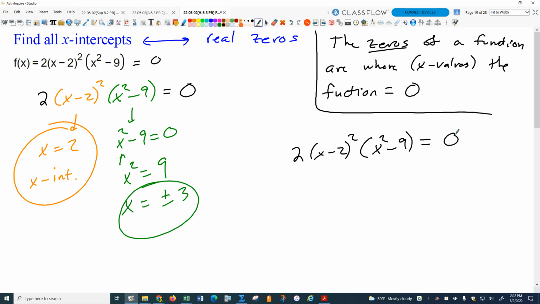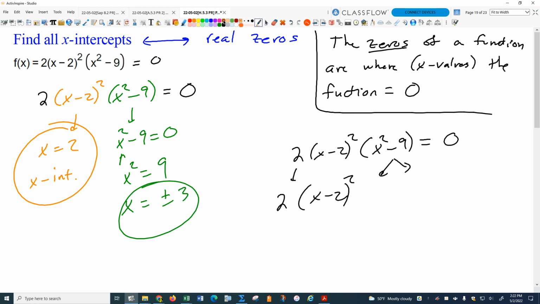I could have factored that x squared minus 9 using a difference of squares, right? Because that's just x squared minus 3 squared, right? So then the 2 stays the same. The x minus 2 squared is already done. But I could break that one down into what two factors using difference of squares?